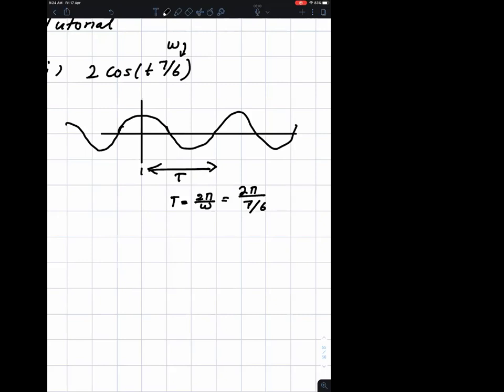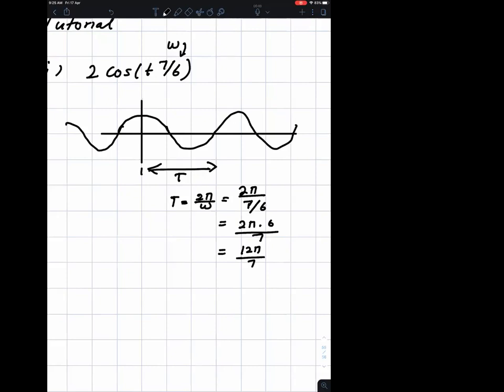So what is the period? It's going to be 2 pi times 6 over 7. So the period is going to be 12 pi over 7. It doesn't matter if it's rational or not. We only talk about rational, irrational when we are comparing two different signals.